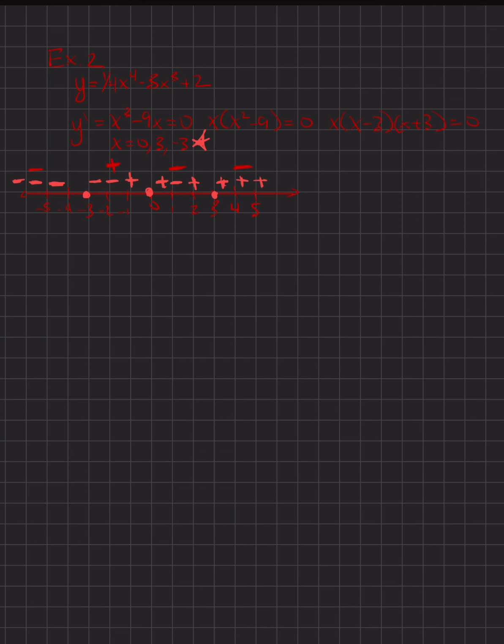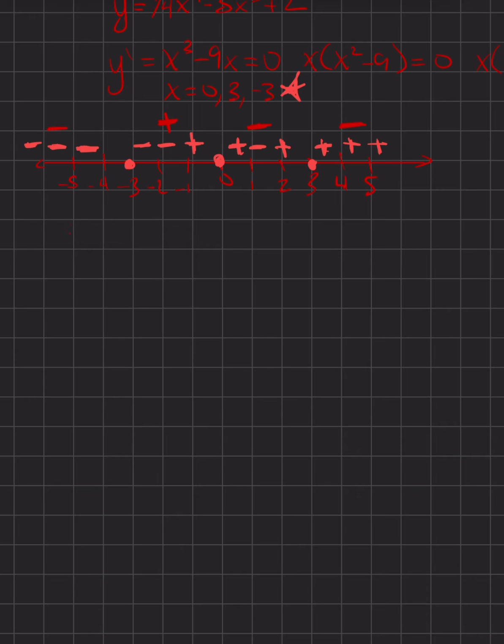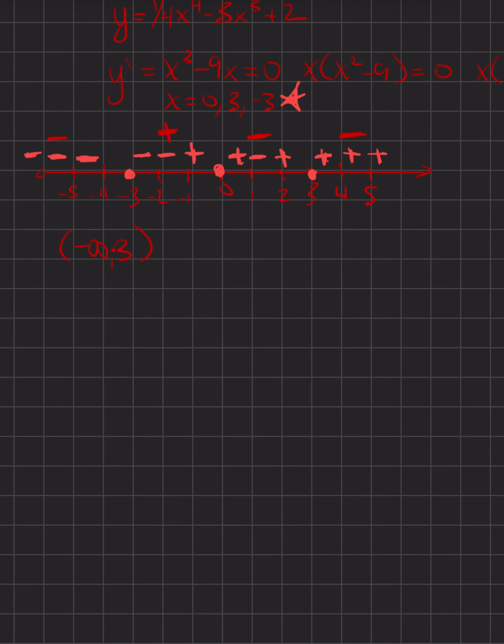Can erase this now. So now, like before, we're going to get the intervals. We know from negative infinity to -3, it's this. And then we're going to be from -3 all the way up to 0. And then from 0 all the way up to 3.